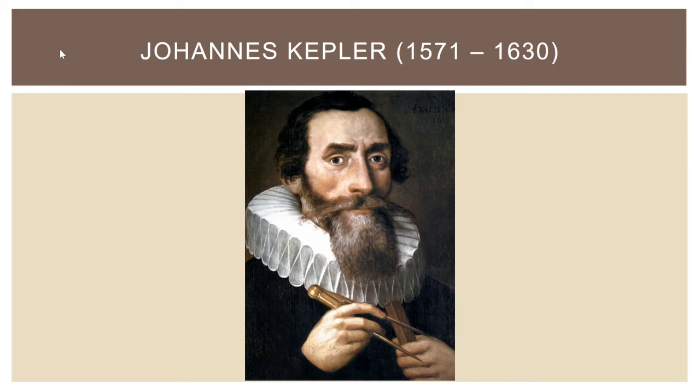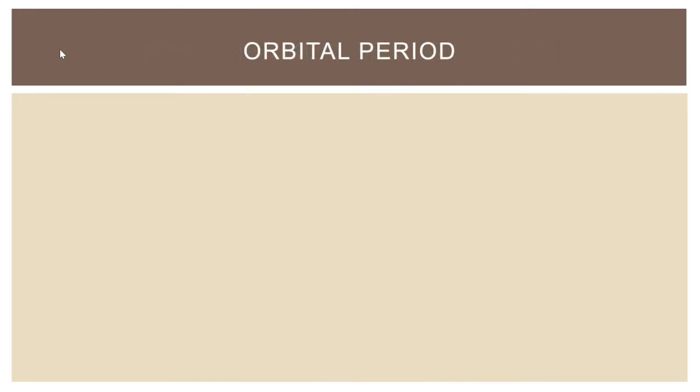Now, before we get into Kepler's laws, I want to just very quickly talk about one definition, because Kepler's laws use this term, and obviously if you don't know what this term is, then you're in trouble. And this term is called orbital period, or just period in general.